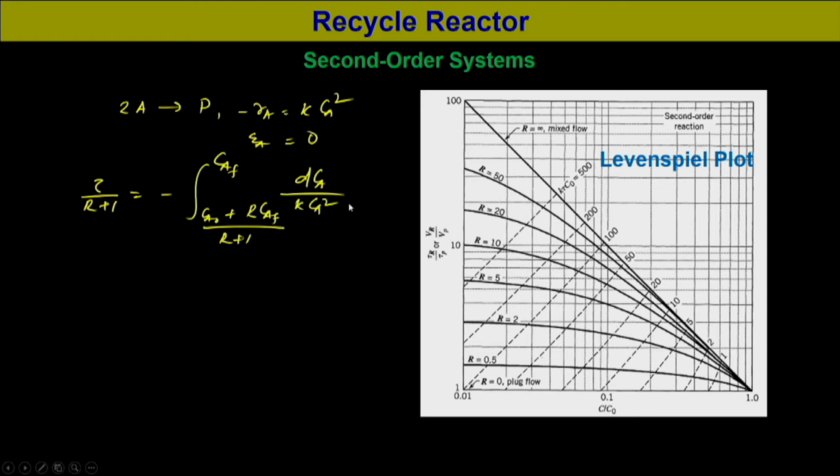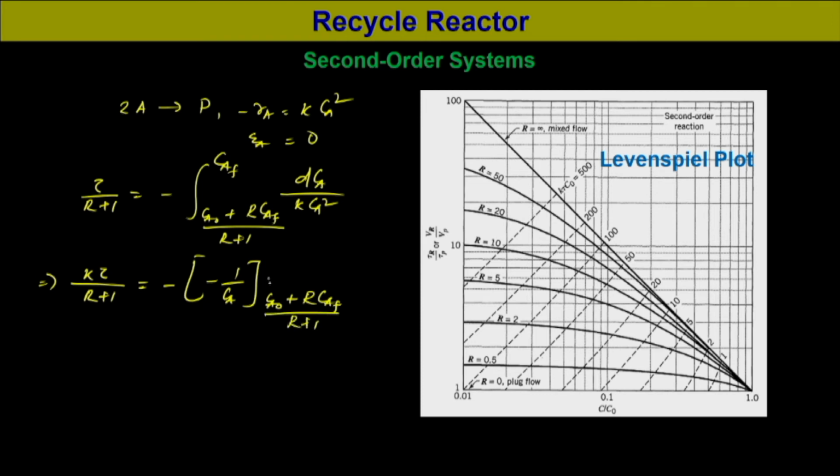Now, if we integrate, it would be k tau by R plus 1 equal to minus 1 by CA with limits (CA0 plus R CAf) divided by (R plus 1) to CAf.